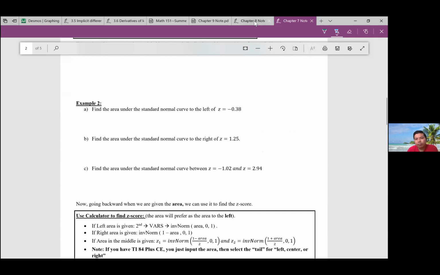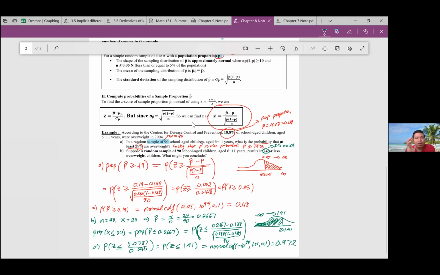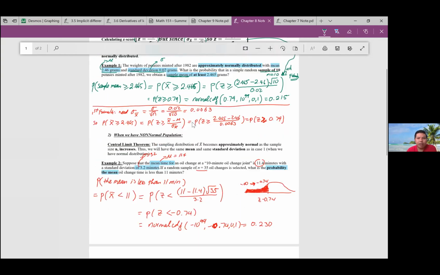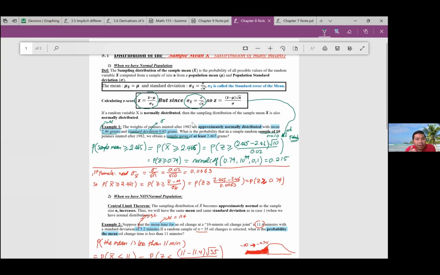Chapter 8, you have a sample size selected, and then you have the probability of the mean. Therefore, you're going to use 8.1. So write out the formula. When you write your note, make sure you write a title. 8.1 talks about probability of the sample mean.